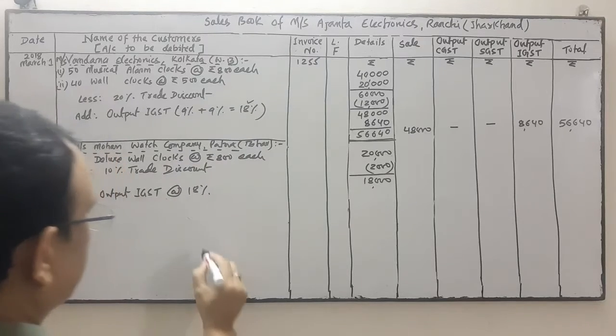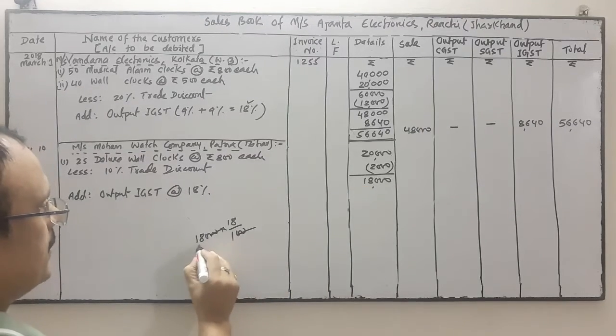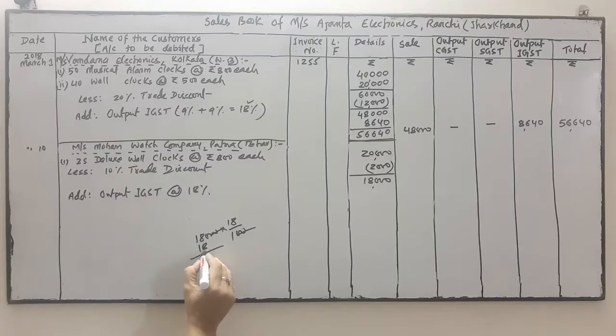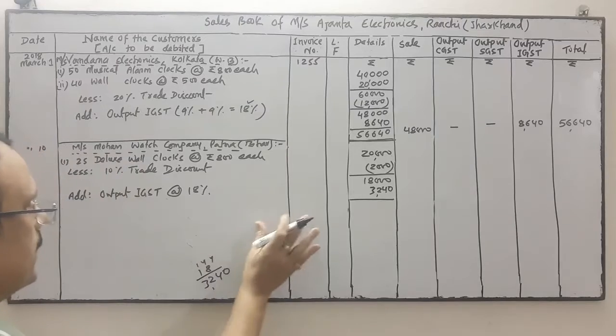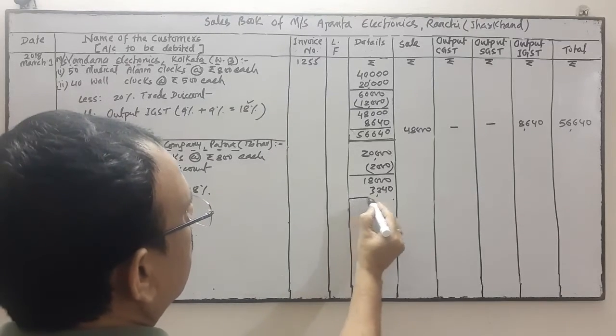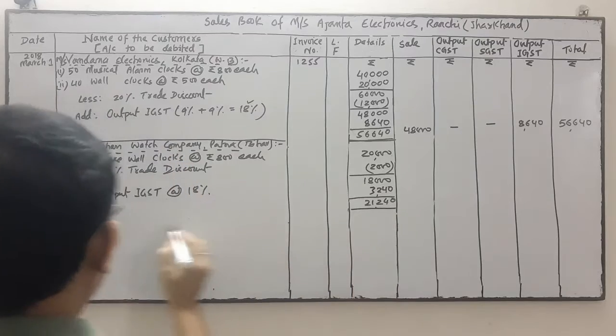So 18% of 18,000 is 3,240. The total is 21,240.